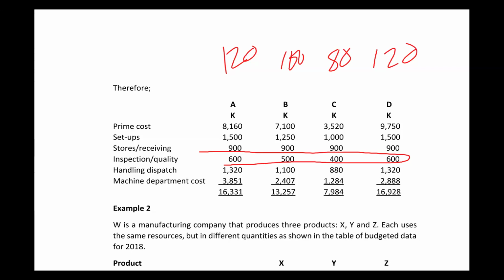For example, the first one, 120 divided by 20, times the cost that was there, which was 100, gave us 600. The following one, 100 divided by 20 times 100, 500. That's how we found this cost again. Let's go to handling dispatch. We can go to handling costs.